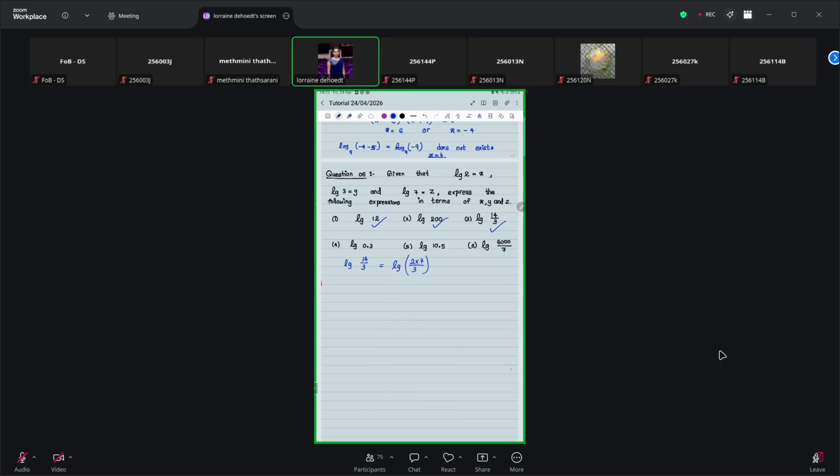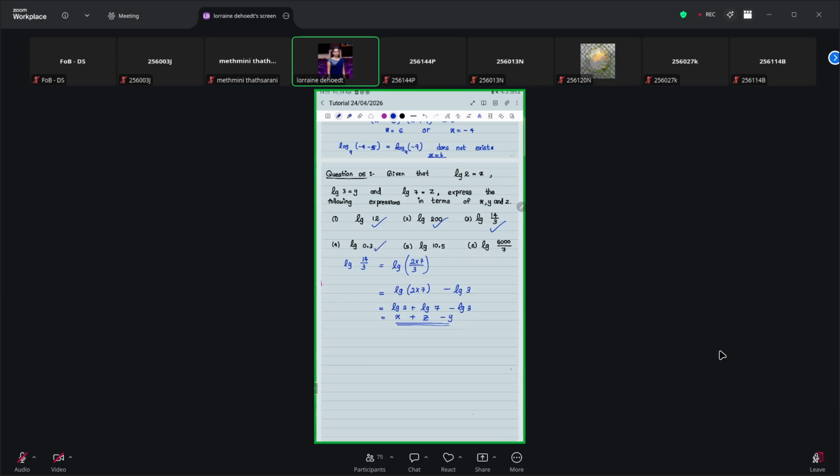Now you can use log laws. That means log 2 into 7 minus LG3. Multiplication you can separate as the addition term. Now you know log 2 means x, log 7 means z, log 3 means y. So x plus z minus y.